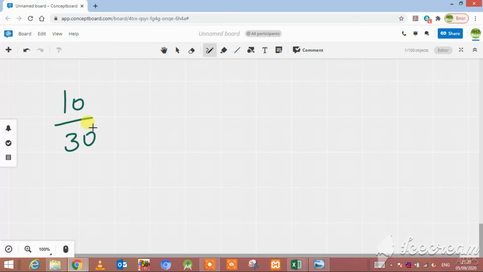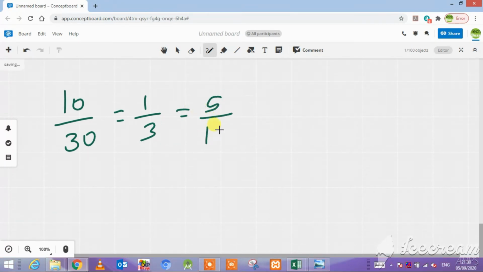So here 10 upon 30. Now you have to check whether these two can be divided by the same number or not. Or if they cannot be divided, you can find the equivalent fraction with the multiplication method. Let's suppose in the previous question the equivalent fractions we found of 10 upon 30 were 1 upon 3 and 5 upon 15.